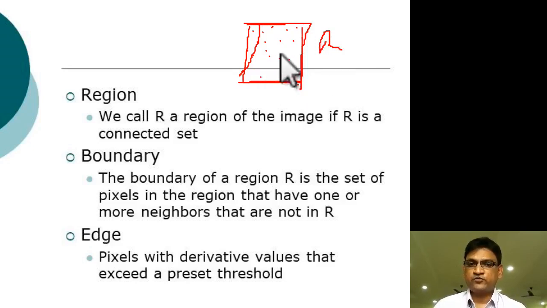If we have any object within the image, then the pixels in the region should have neighbors which do not belong to that region. So like this we have to understand a region and a boundary.